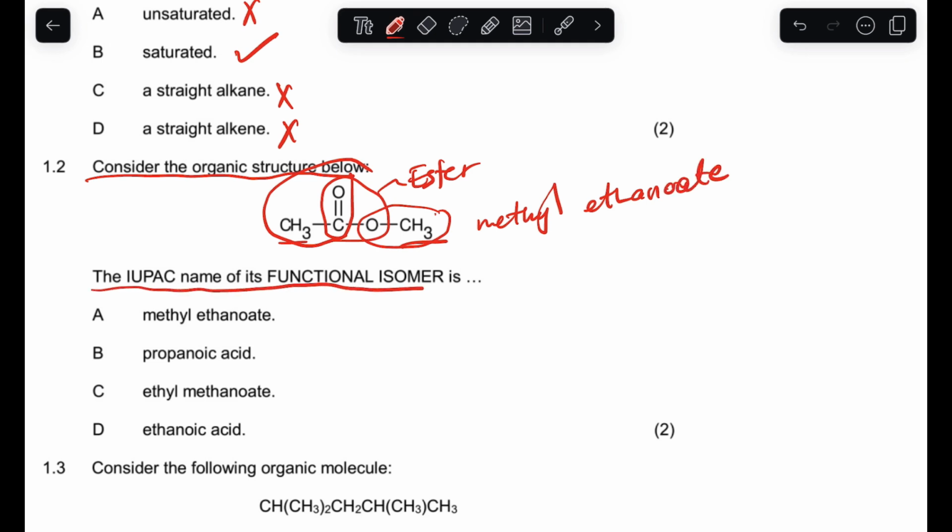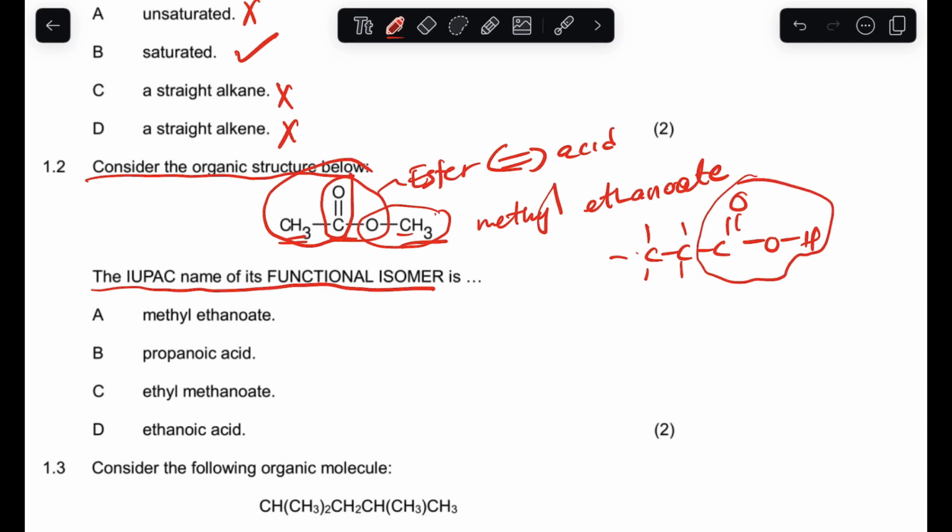It says an IUPAC name of its functional isomer. The functional isomer of this is going to be a carboxylic acid. So it's going to be 3 carbons with that functional group there, right? So the name of this is going to be propanoic acid, which is going to be that one.